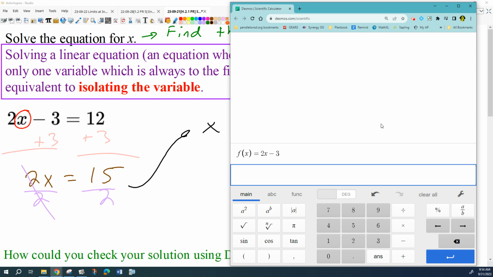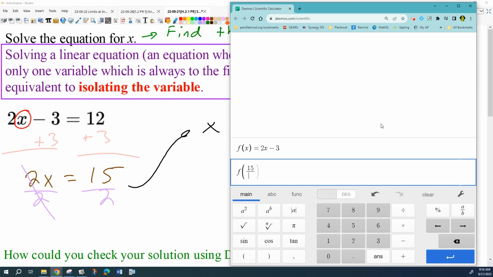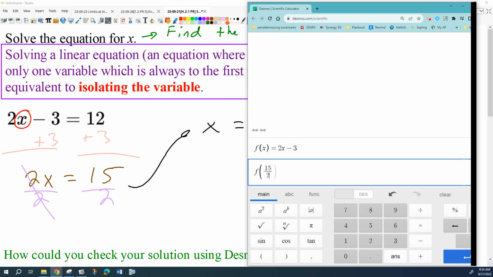So there's the function that's going to give me the value of what's on the left side of the equal sign. If I plug in my answer of 15 halves, f of 15 halves, look what it tells me. The answer is 12. That's what I have on the right side, so it checks, doesn't it? Everybody see that? Okay.